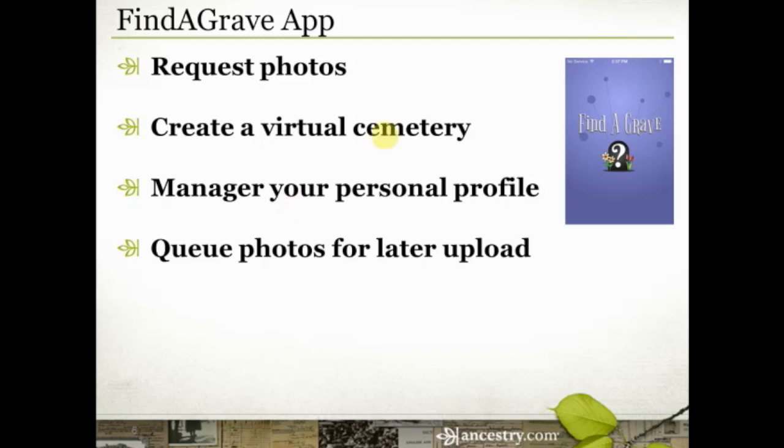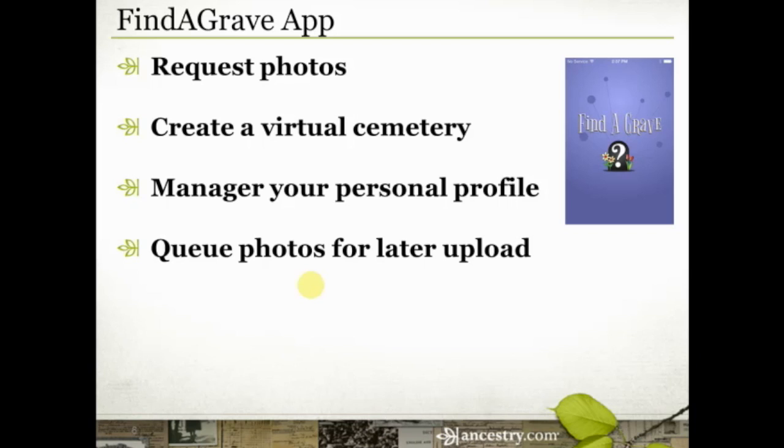And then the last thing that I just want to mention briefly is this new ability with version 3 of our FindAGrave app, which is to queue photos up for later upload. So you can be in a cemetery, and what happens is that you take the photo and it uploads it. But if you don't want to use your data, I know a lot of you have limited data plans, and when you're in the middle of a cemetery, you're most likely not on Wi-Fi, you're on whatever your cellular network is.